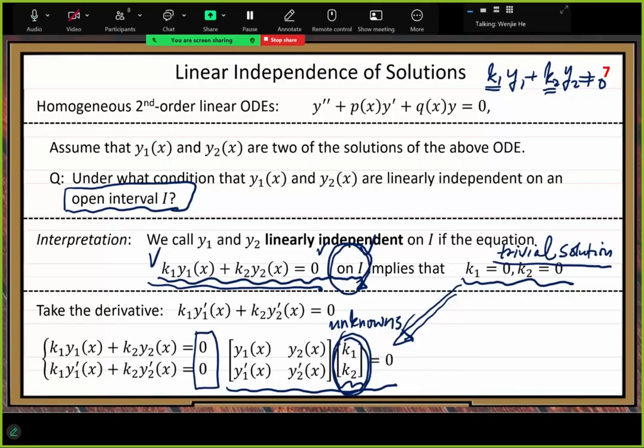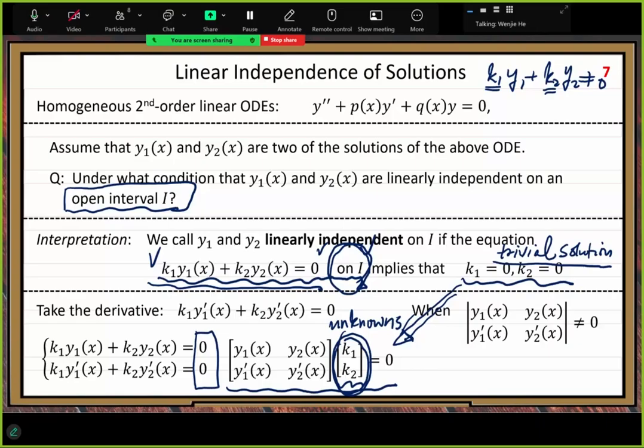There is a result telling you under what condition this linear system has a non-trivial solution.